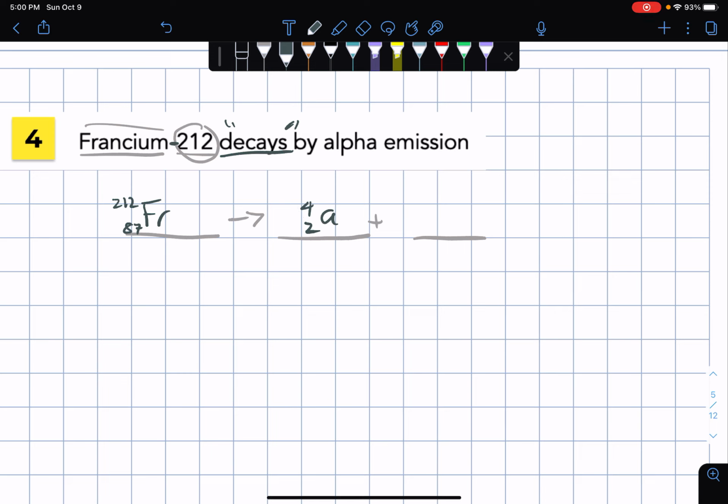Adding the number 4 with which quantity would result in 212? It's basically 208, since 208 plus 4 is 212. 85 plus 2 is 87. An atomic number of 85 on the periodic table would be At, or astatine, if I'm not mistaken.